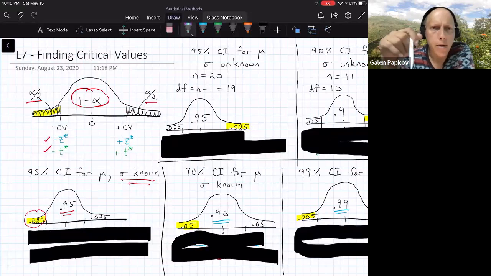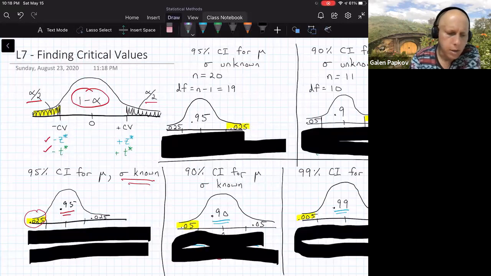But the total area has to be 1. So if there's 1 minus alpha in the middle, that means there's alpha not in the middle, or half of alpha on each side. That's where this alpha over 2 and this alpha over 2 came from. The reason that I found those parts is because remember that the Z table gives you less-than probabilities, and the T table gives you right-tailed or upper-tailed probabilities.